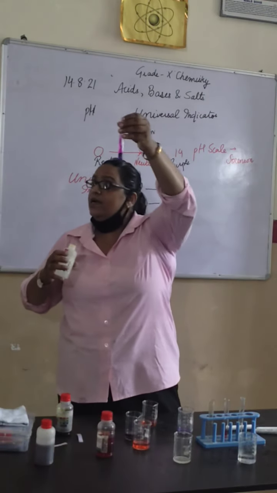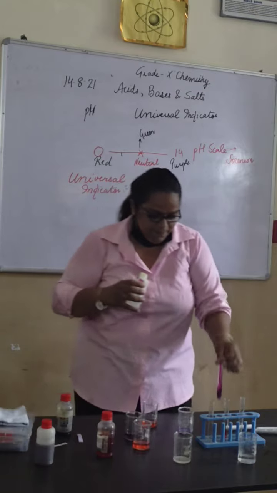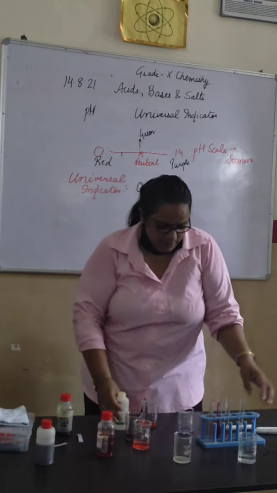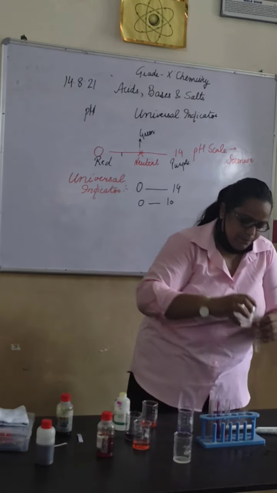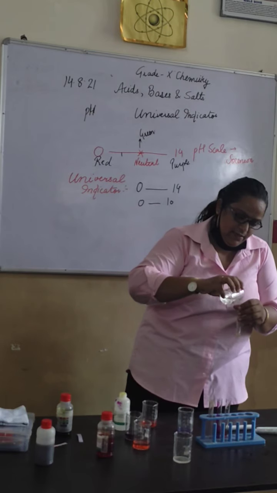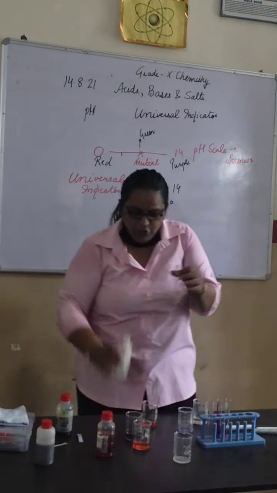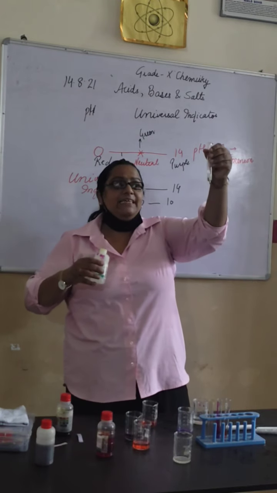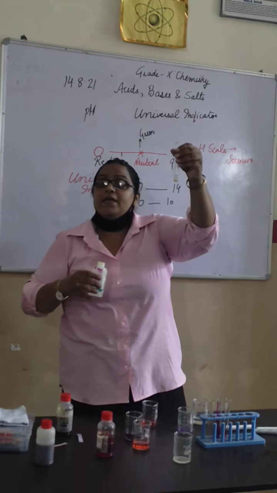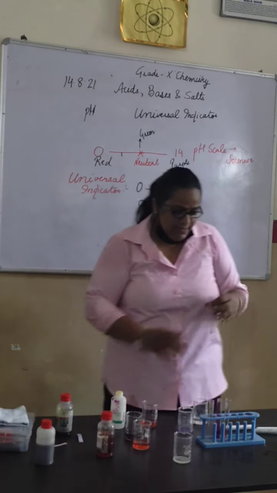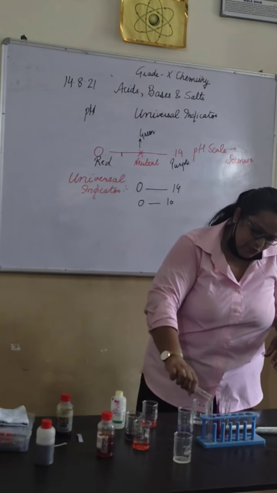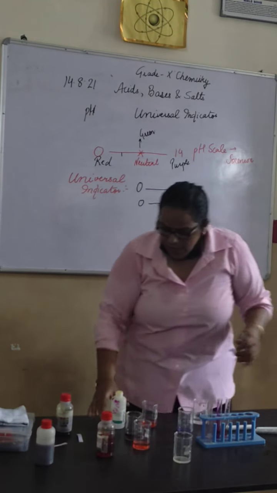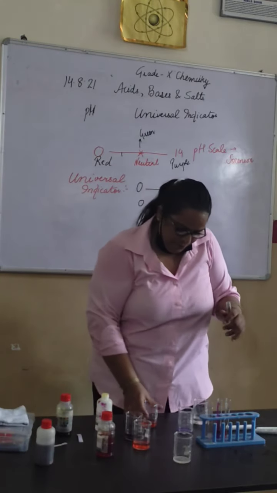So it is your base. Next I will check this solution. I will check the color. It remains the same. It is acidic because phenolphthalein remains the same in acid solutions.